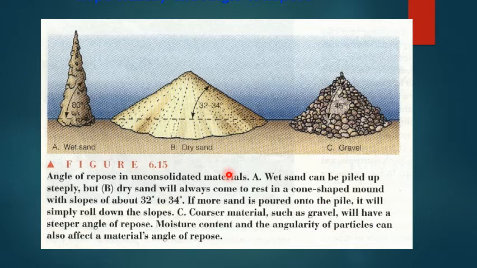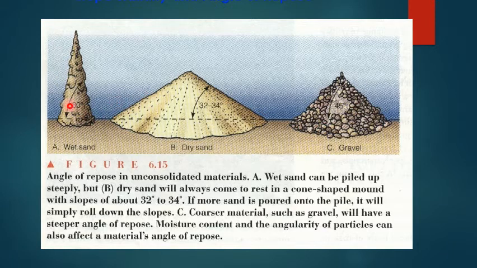This figure demonstrates the angle of repose of unconsolidated materials. In A, wet sand can be piled up steeply, but in B, dry sand will always come to rest in a cone-shaped mound with slopes of about 32 to 34 degrees. In A, the angle is roughly 80 degrees.